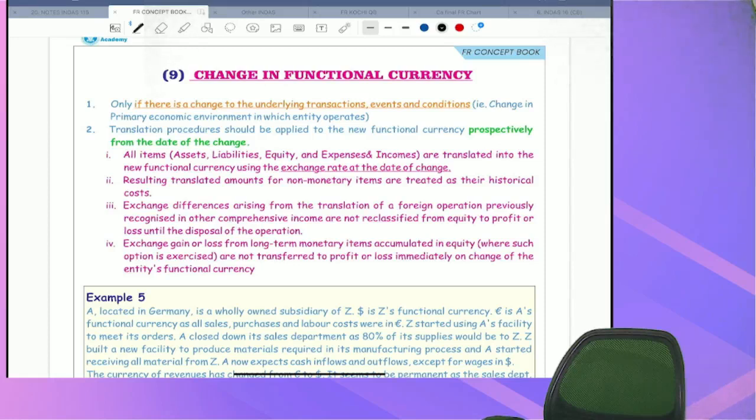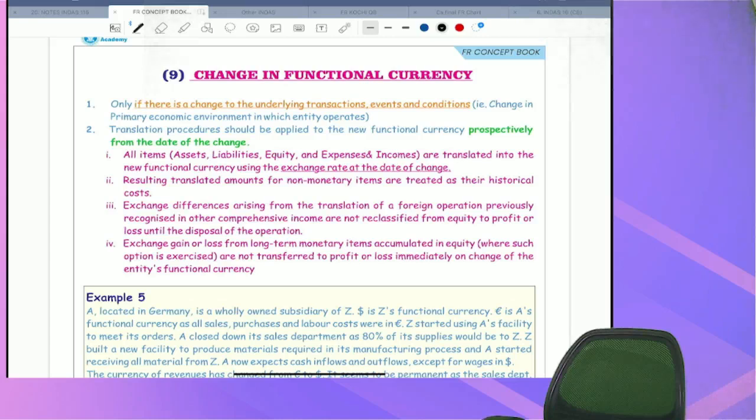Read the first line. Understood now? Okay. Read the second point. All items, asset, liability, equity, expense, income, are translated into the new functional currency using the exchange rate at the date of change. No scope of any exchange difference.